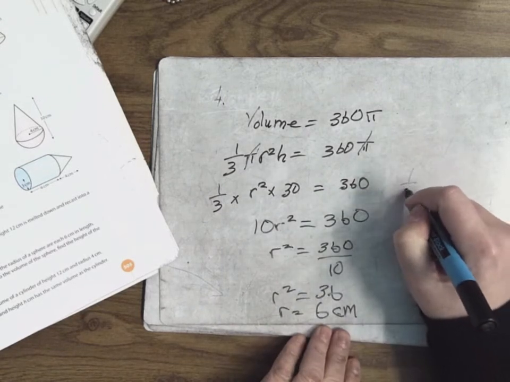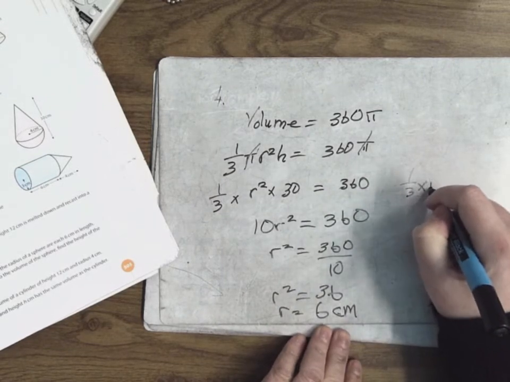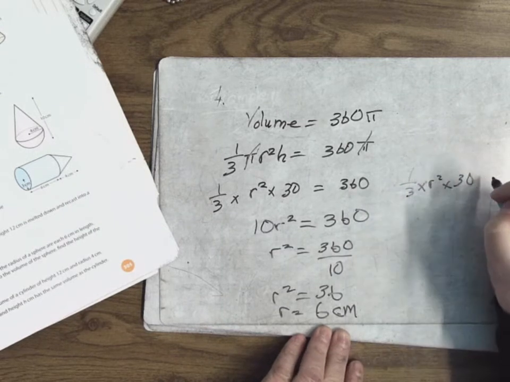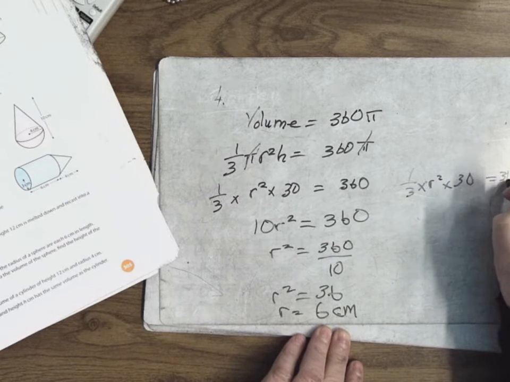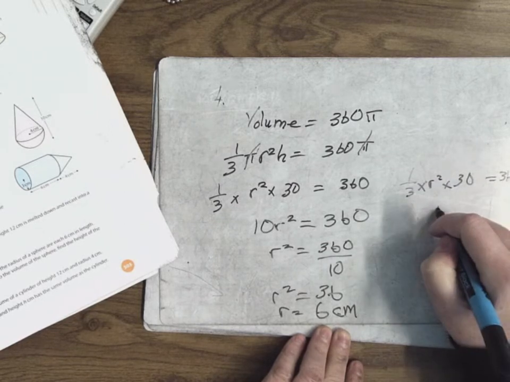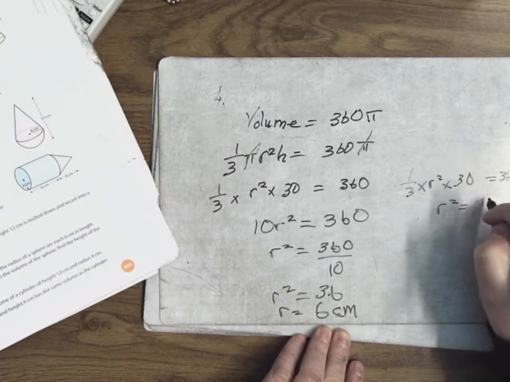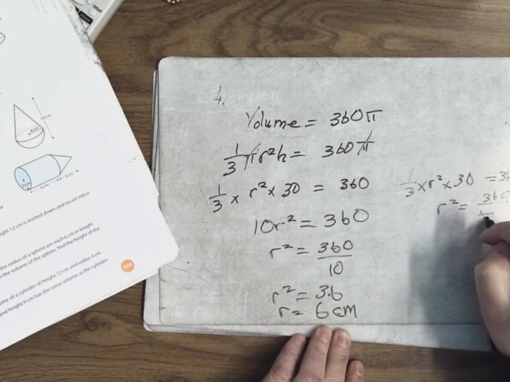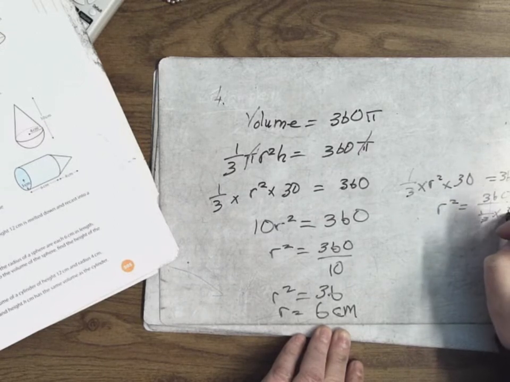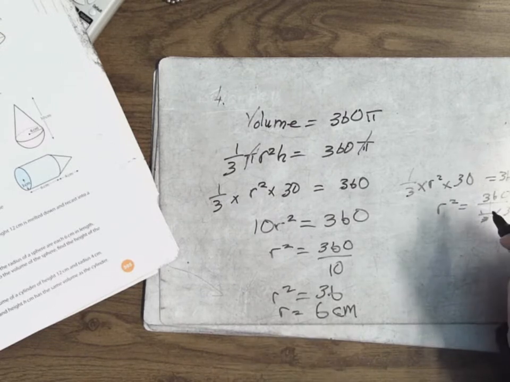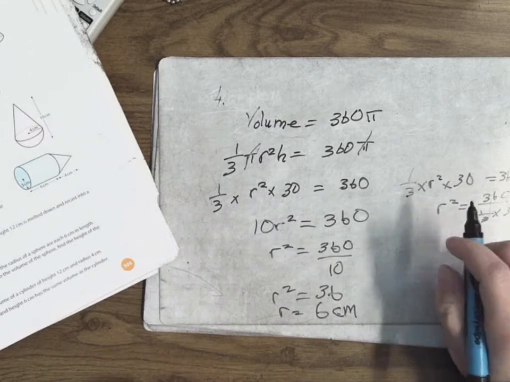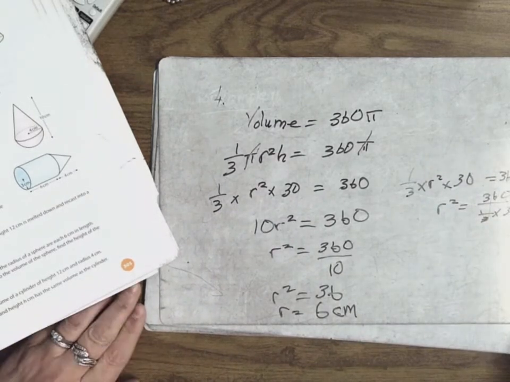It's 1/3 multiplied by r squared by 30 equals 360. If you want to isolate r squared at that moment in time, you're dividing by 1/3 multiplied by 30. You just kind of drop the third. So the best thing to do is multiply the numbers you have. Are we okay with that?